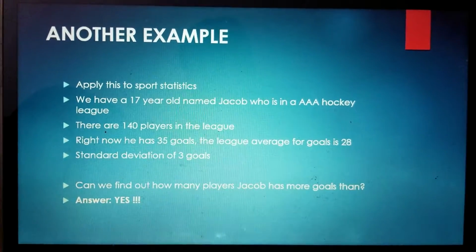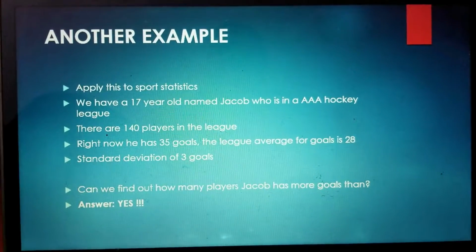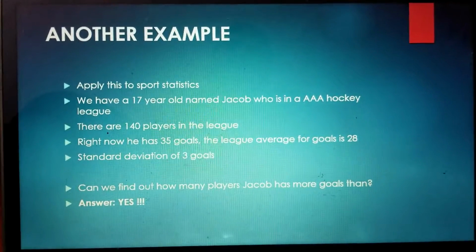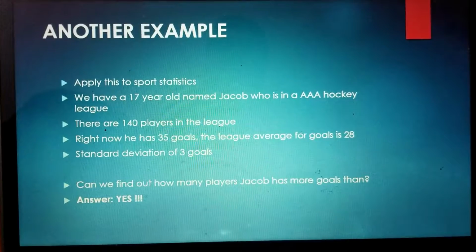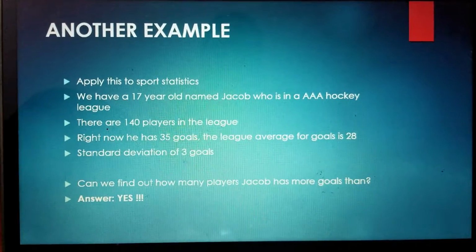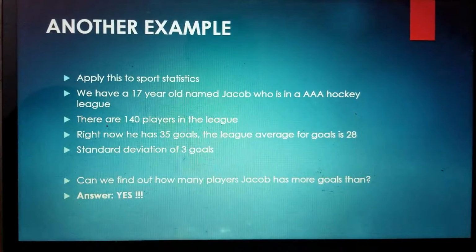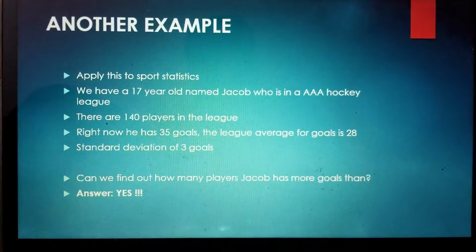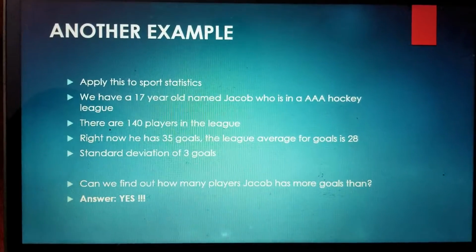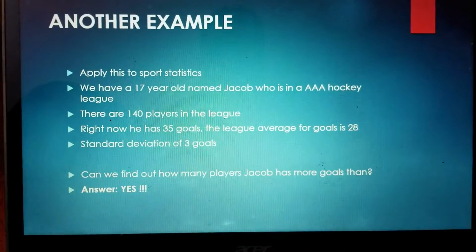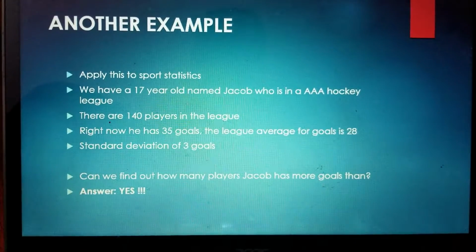So I wanted to provide another example of how we could also apply this to something, say, like sports. It doesn't just statistically have to be math. We're going to apply this to sports, and we can see that we have a 17-year-old boy whose name is Jacob, and he's in a AAA hockey league. And there's 140 people in the hockey league.